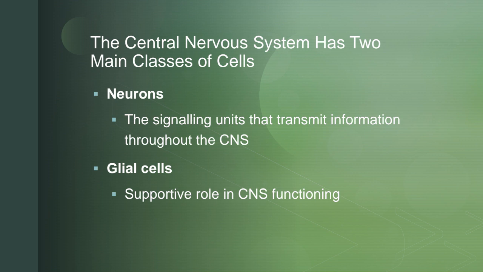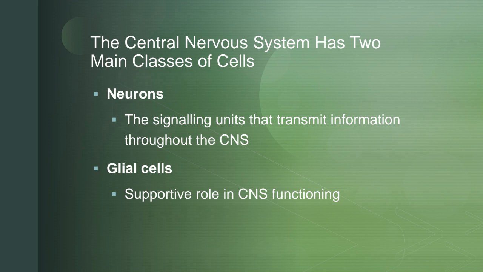So let's move on and look at some of these 86 billion nerve cells. Like all other living tissues, the nervous system is no different in the sense that it's made up of cells. The nervous system is composed of two main classes of cells.